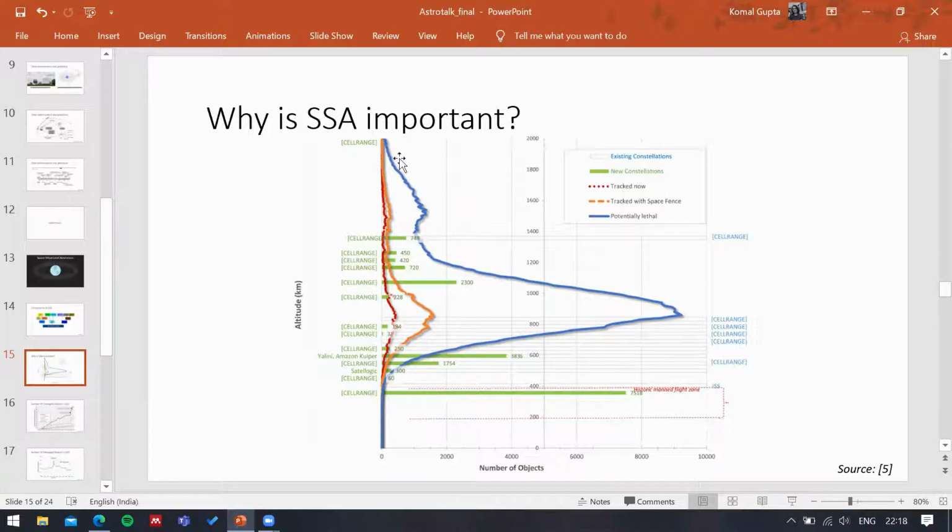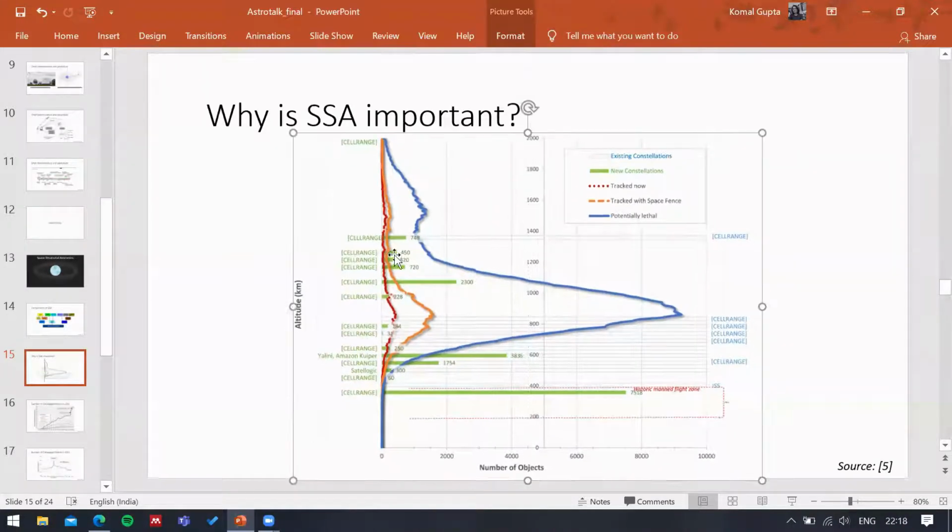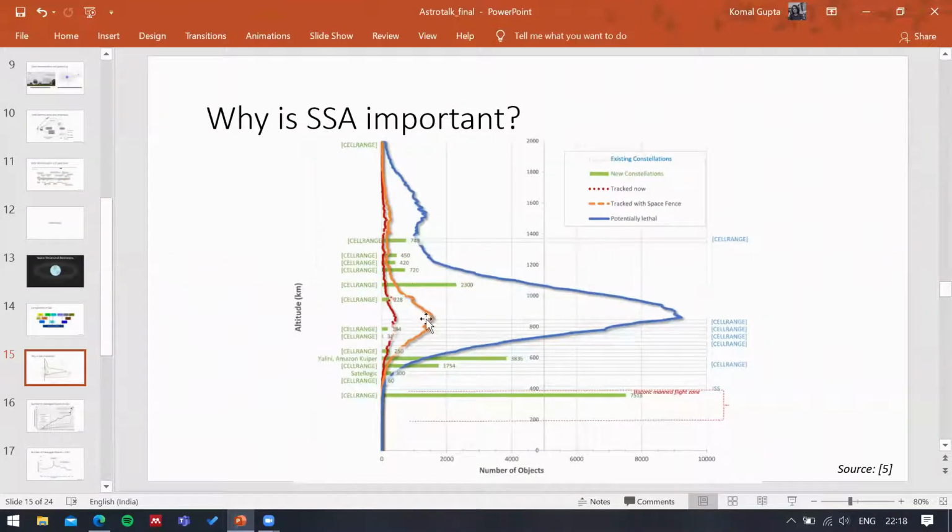And you can see that the red ones are the ones that we can track right now with our radars and our ground stations and everything. And the orange line is the one that will be tracked. We expect them to be tracked with Space Fence, which is kind of like a second generation space tracking infrastructure.